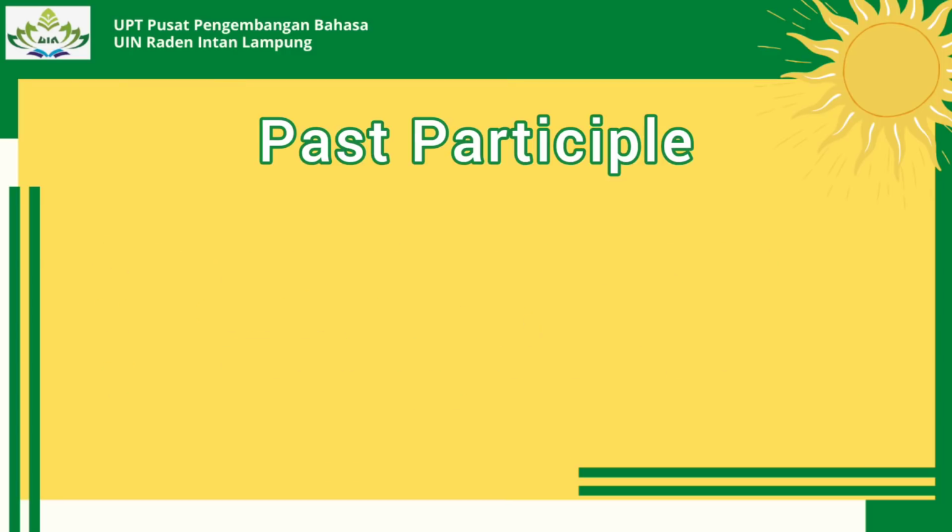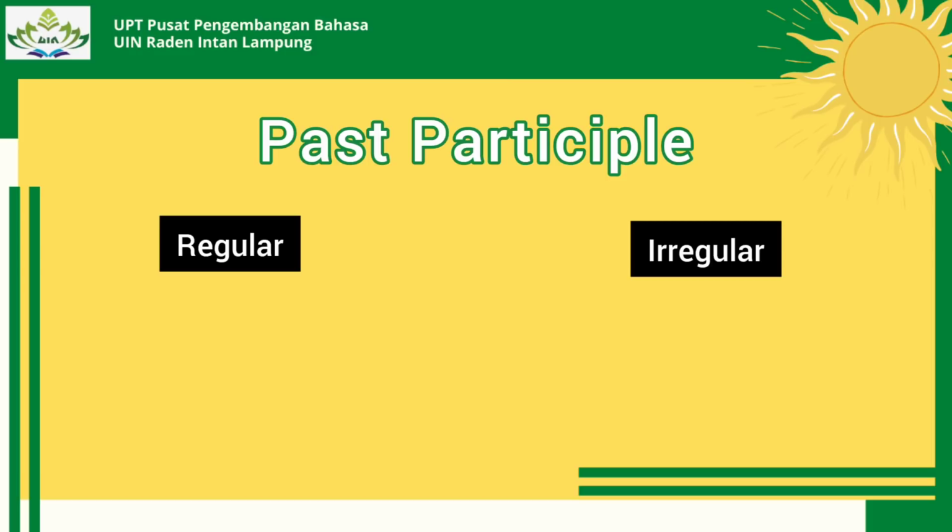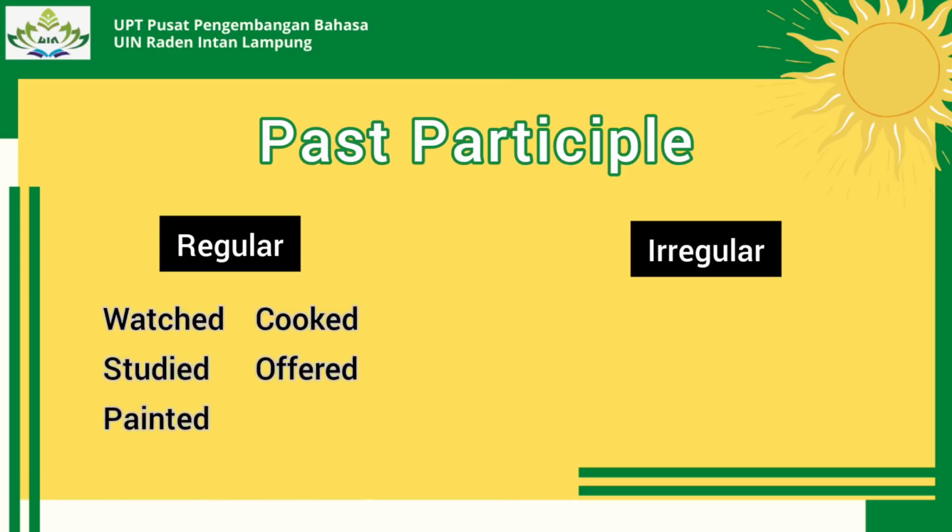There are 2 kinds of verb 3 in English. Those that end in ed, or regular verbs, and those that end in unpredictable forms, or irregular verbs. Examples of regular past participles are watched, menonton, cooked, memasak, studied, belajar, offered, menawarkan, painted, melukis.